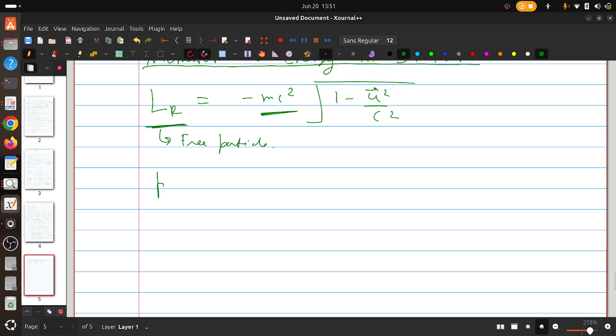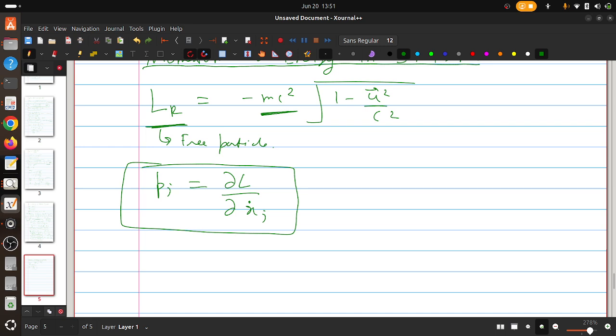So the conjugate momentum is basically given as ∂L/∂ẋ_j, right? That's how we define the conjugate momentum, and we have seen in classical mechanics that this is a generalized momentum.